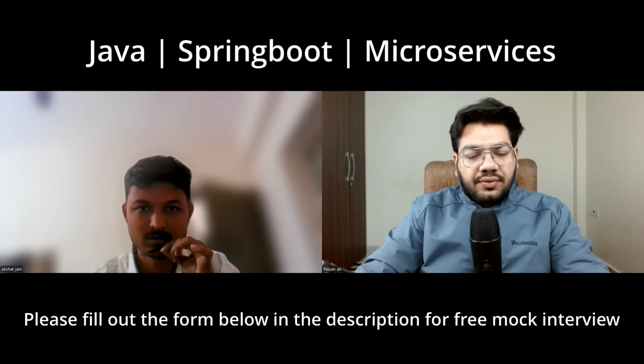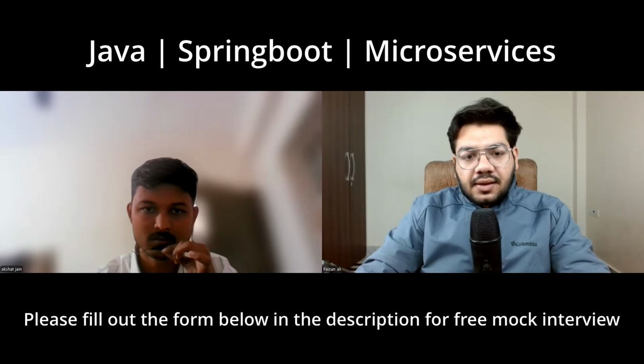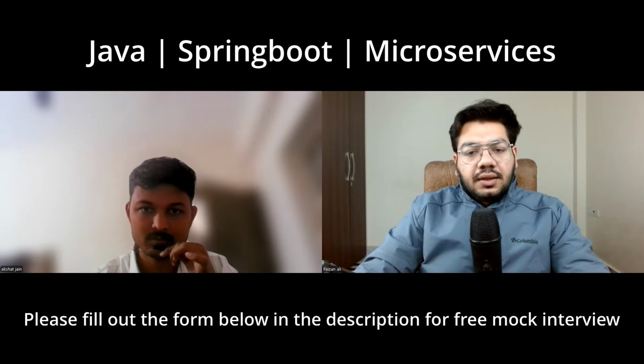If we use the synchronized keyword on a method, that whole method will lock. But with ReentrantLock's lock and unlock, we can lock just two or three lines if there are multiple lines.